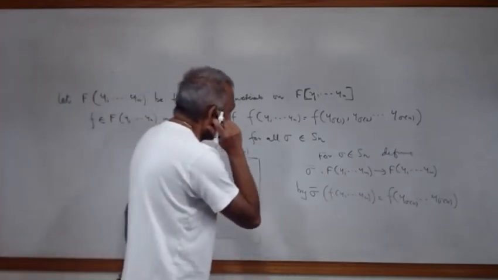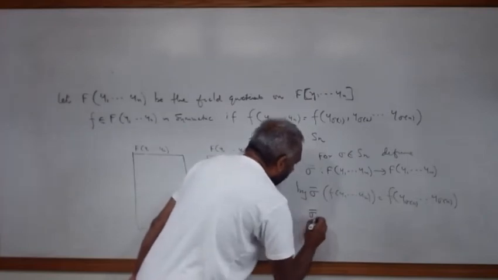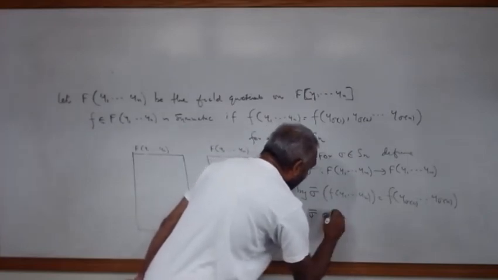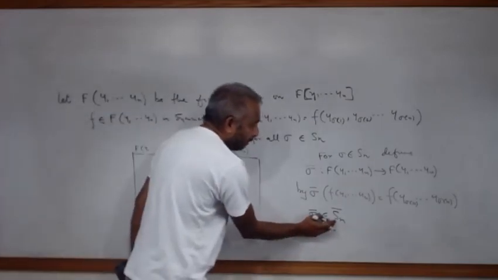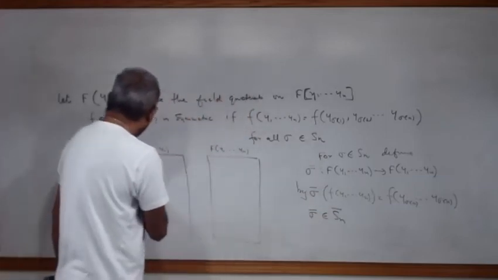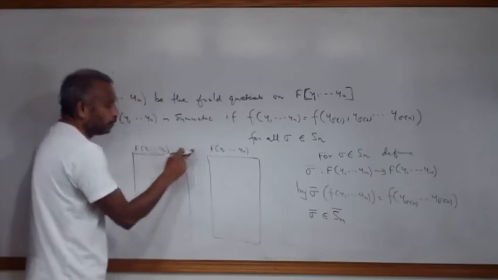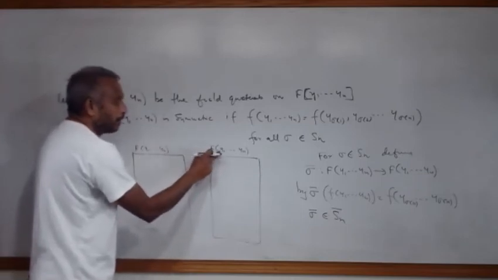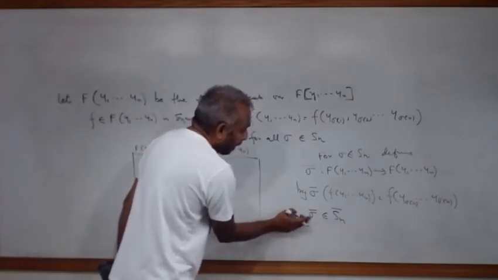So what we will do is here we'll say sigma bar belongs to Sn bar. This is the collection of automorphisms from F(y1, ..., yn) to F(y1, ..., yn), where sigma bar is defined like this.